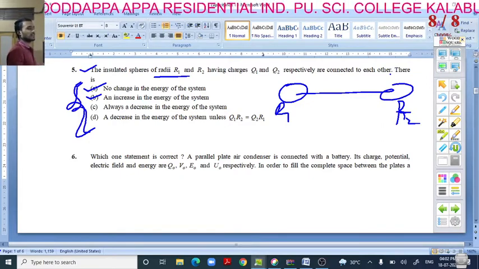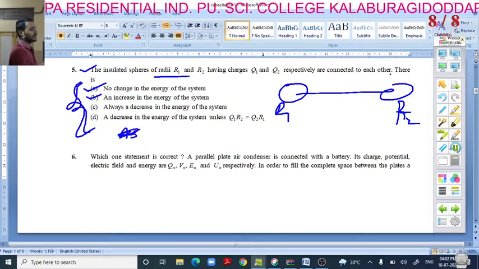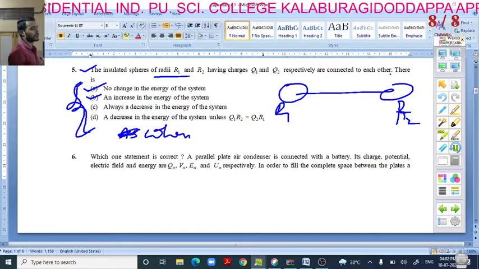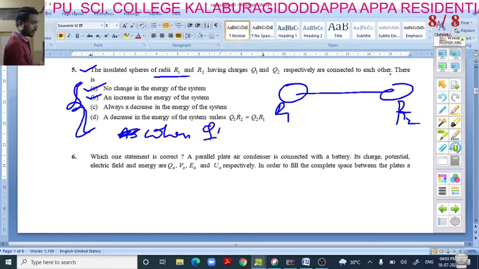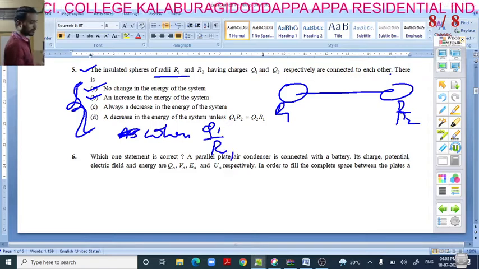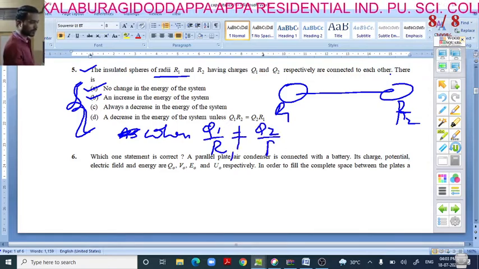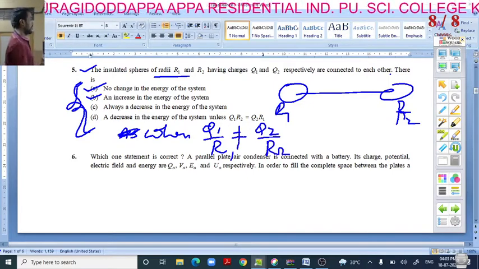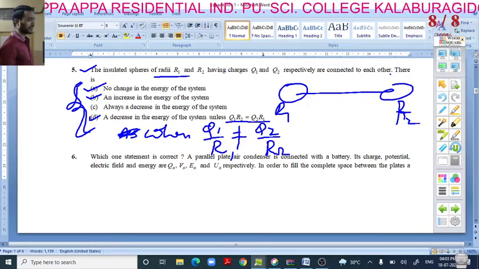By analyzing, it is possible when Q1 by R1 is not equal to Q2 by R2. What the fourth option he has given, based on this we are analyzing here.